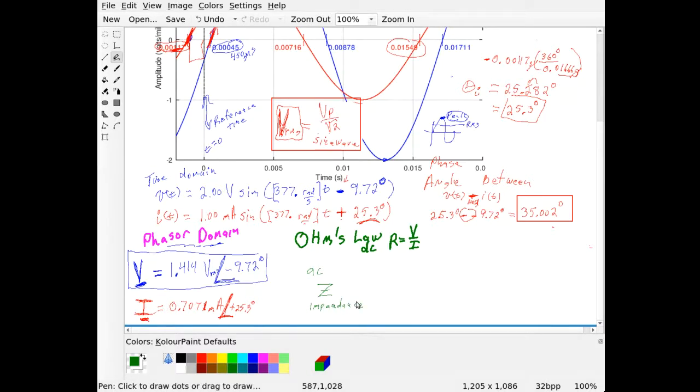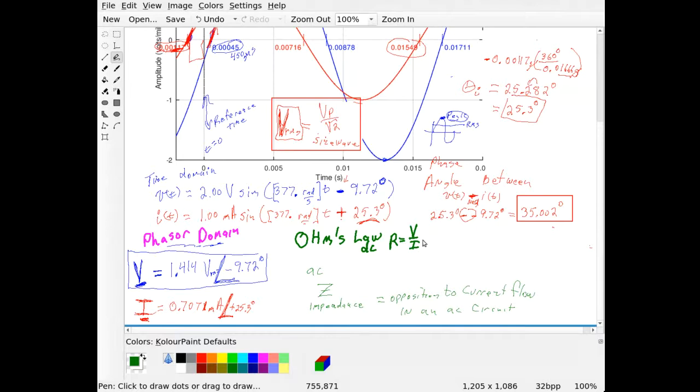Impedance is the opposition to current flow in an AC circuit.